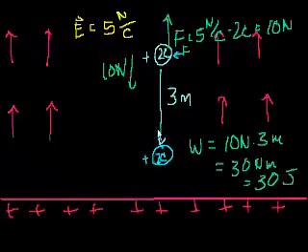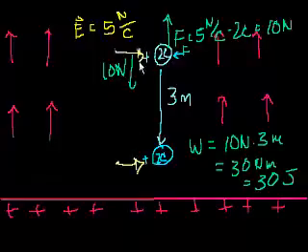And so, we can now say, since it took us 30 joules of energy to move this charge from here to here, that within this uniform electric field, the potential energy of the charge here, relative to the charge being here. You always have to pick a point relative to where the potential is.